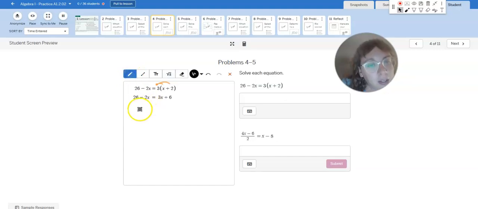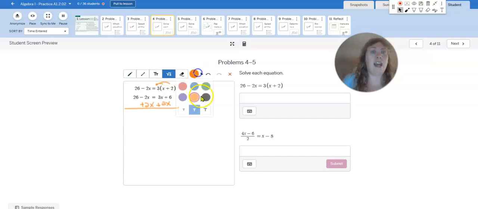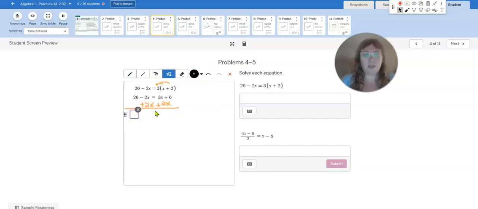I would now start to move some terms around to get our like terms on the same side of the equation. So maybe I add 2x to both sides, because whatever I do to one side, I have to do to the other. So then I get 26 equals 3x plus 2x is 5x plus 6. Our negative 2x plus 2x canceled.